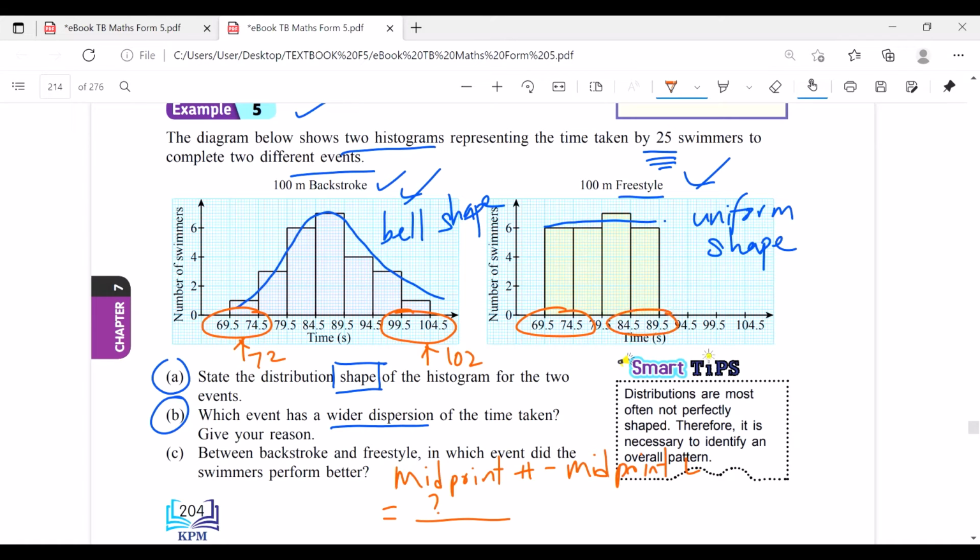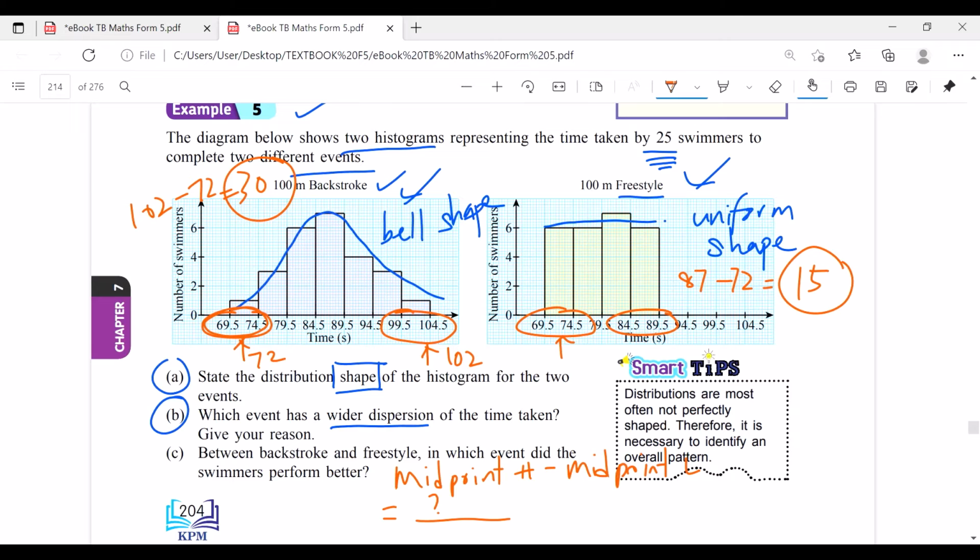And you compare with this one. The midpoint is 87. I have calculated just now. Minus with this, the classes are the same, so you minus 72. So you get 15. This one, you compare, what do you get? 102, you minus 72, you'll get 30. The range is 30, this one is 15.